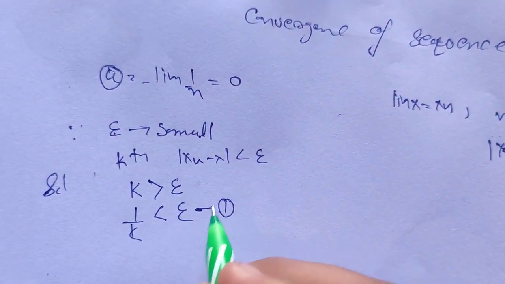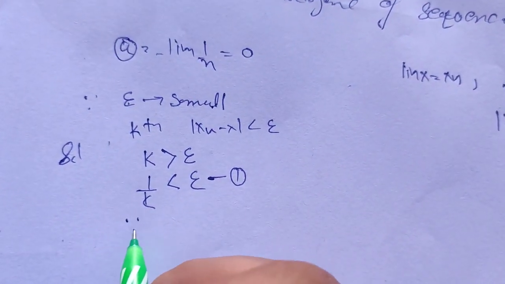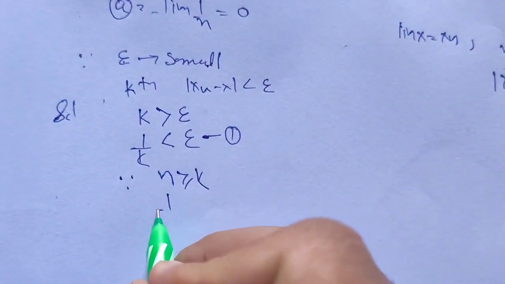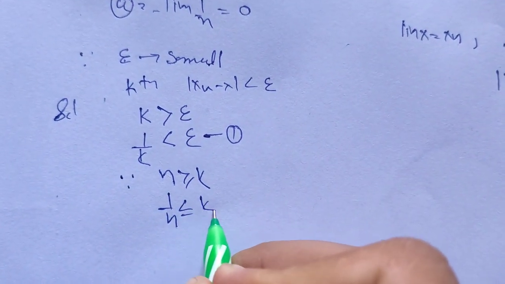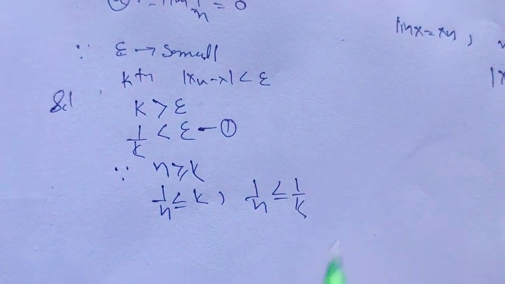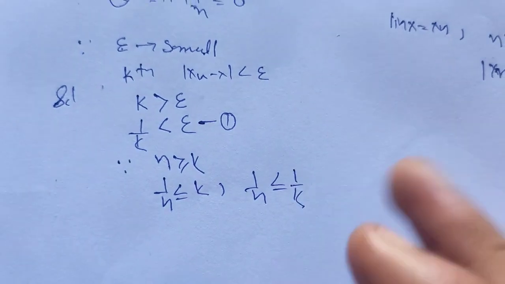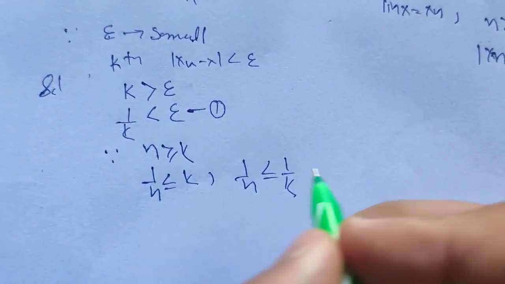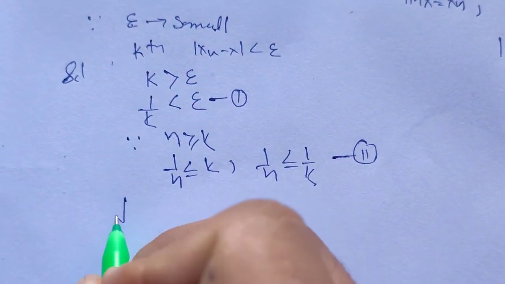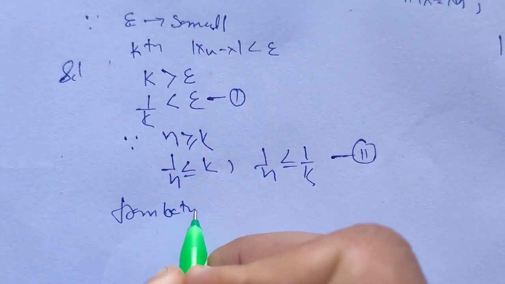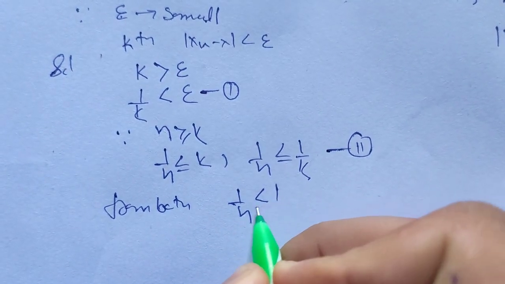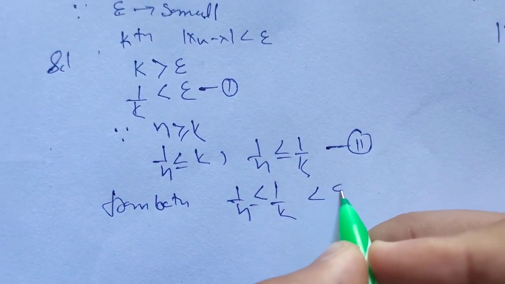This we call equation 1. We know that n is greater than or equal to k, so 1 upon n is less than or equal to 1 upon k, and from equation 2, 1 upon k is less than epsilon.